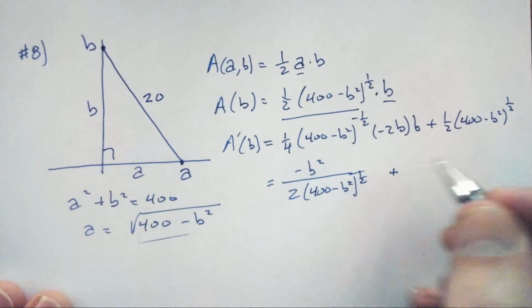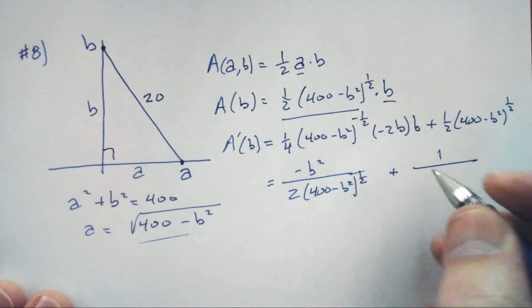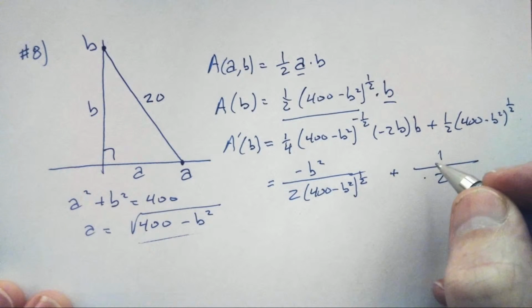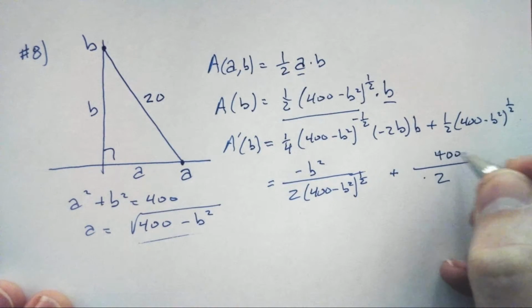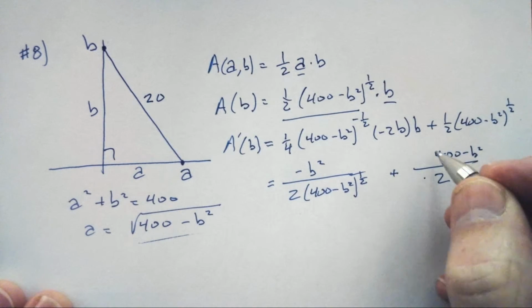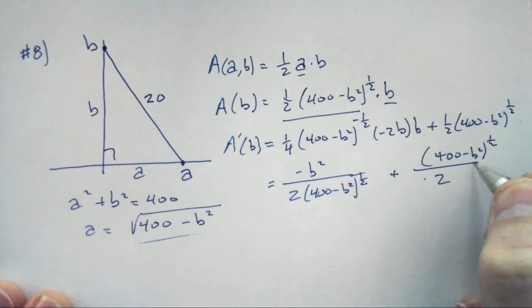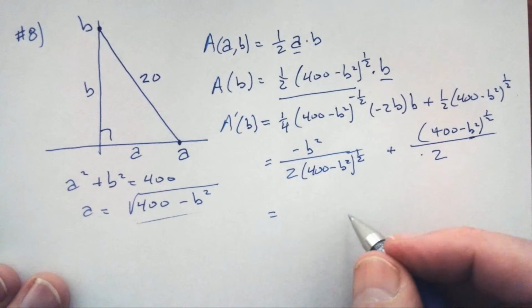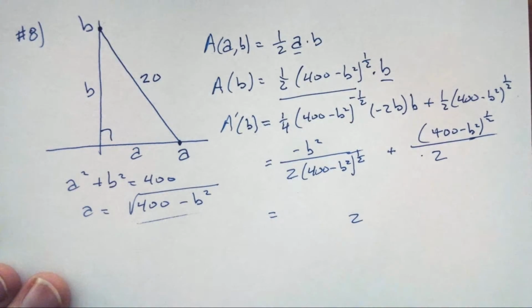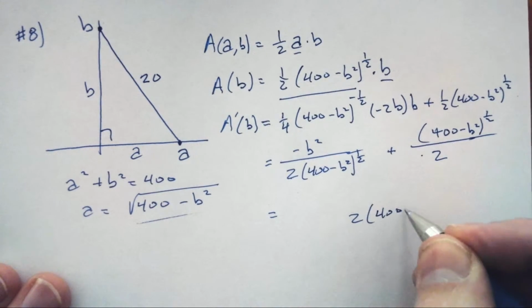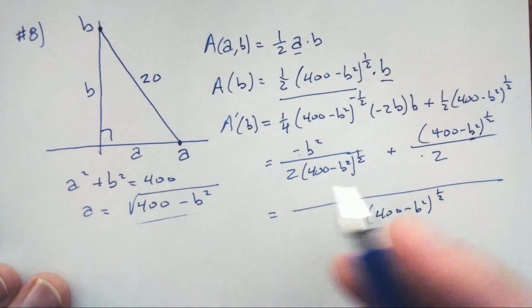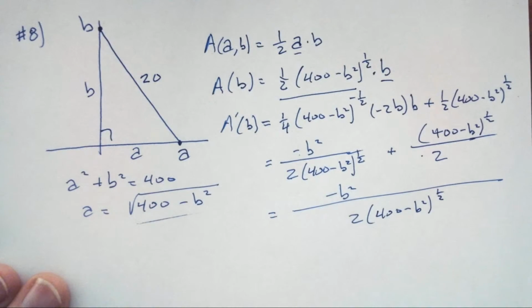And we end up with plus 1 on, not just 1, I'm going to need more than that, all on 2: (400 minus b squared) to the 1/2, all on 2. Let's get common denominators. I need a factor of 2 and I need a factor of (400 minus b squared) to the 1/2. Good news, negative b squared was on that.